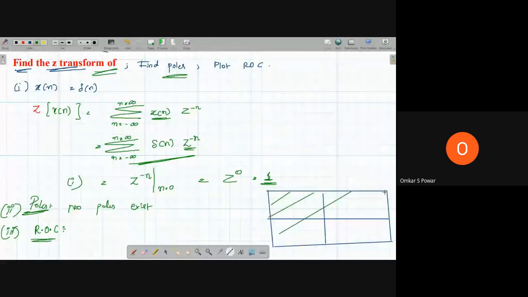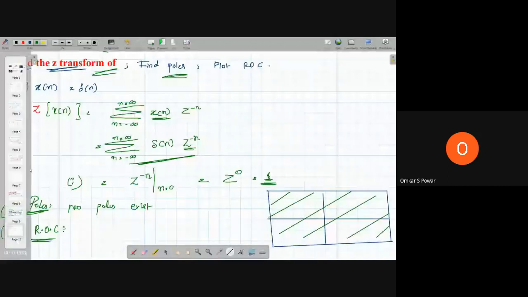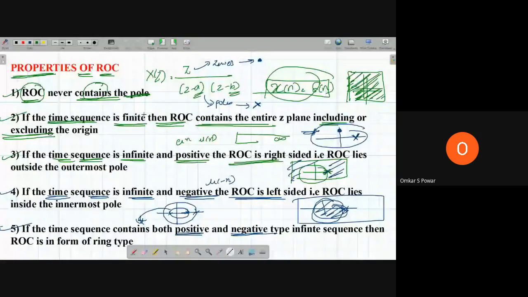The region of convergence is your entire Z plane. So if you go back to the properties here, if the time sequence is finite, so now we will understand this property. So your signal was del of n, it was finite. Then the ROC contains the entire Z plane, including or excluding the origin.